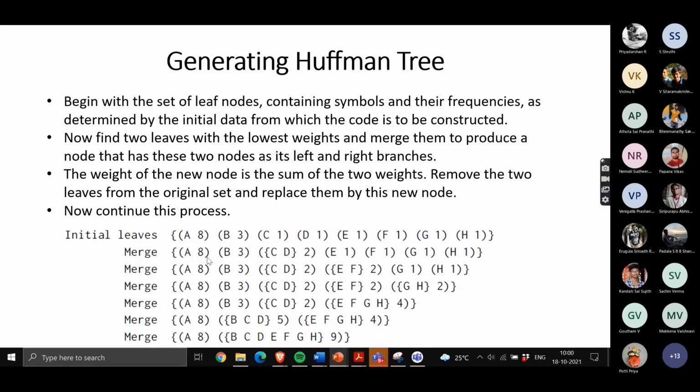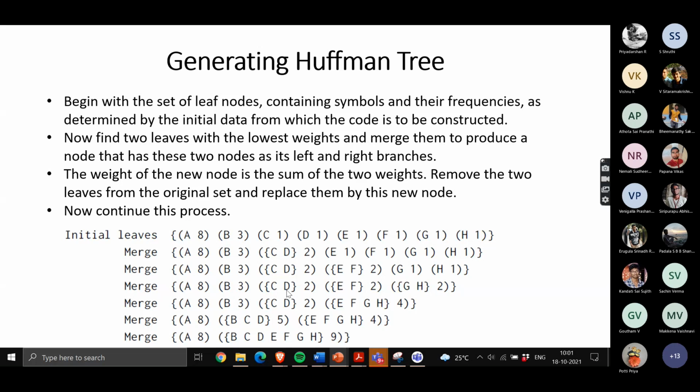Again going from left to right, E and F I can merge, then G and H I can merge. Whenever I merge, I also carry the sum of the weights in the same set. So for GH the weight is 2. Now A is 8 times, B is 3 times, and CD is 2 times, etc.